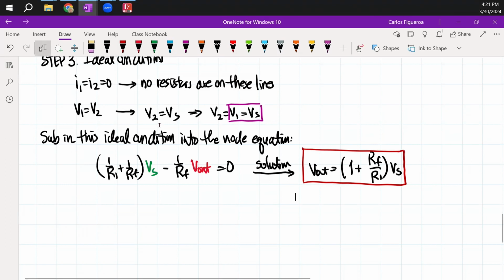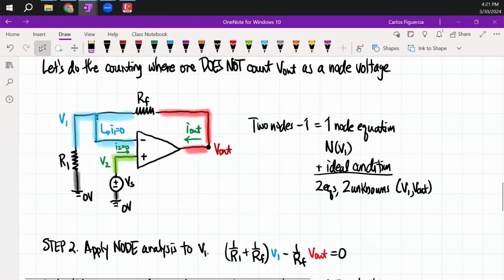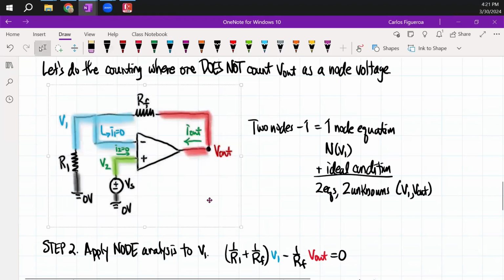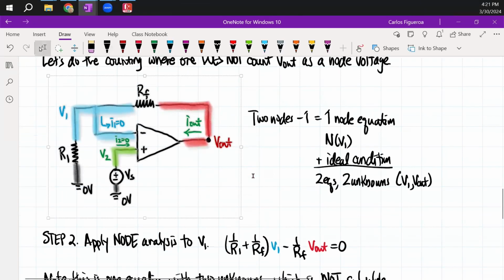But we still need the current. So we got the voltage here, but we need the current.